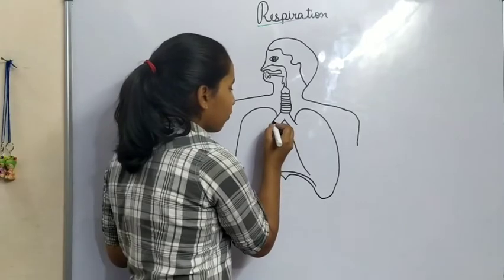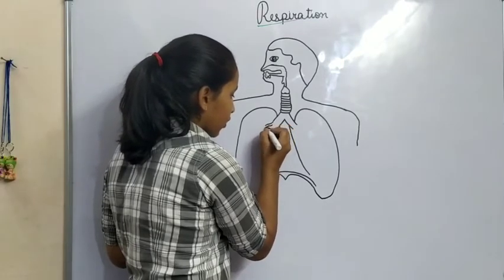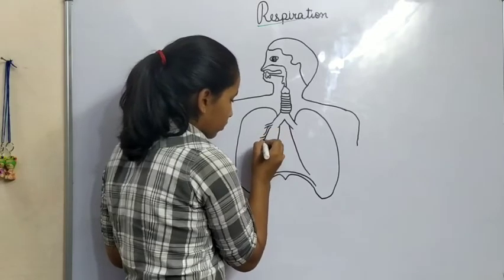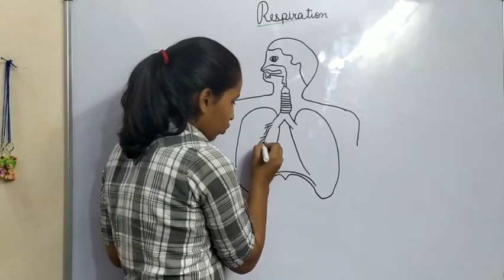Now we will make bronchioles. For making bronchioles you can make a line from anywhere, two lines.